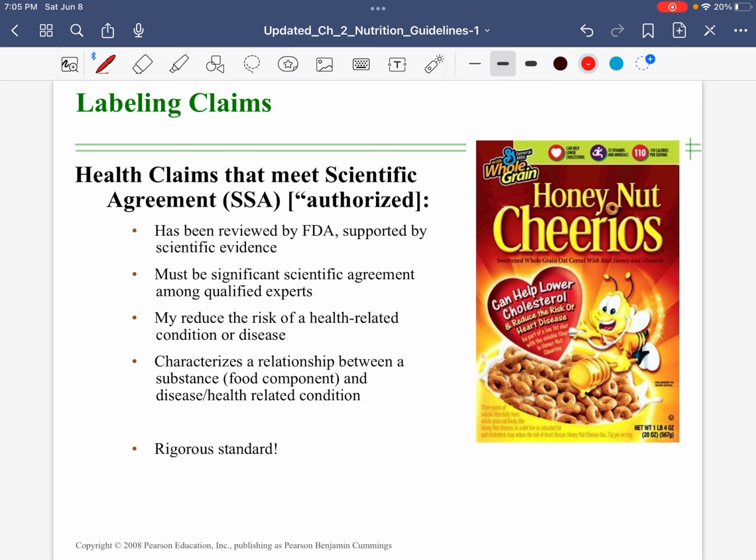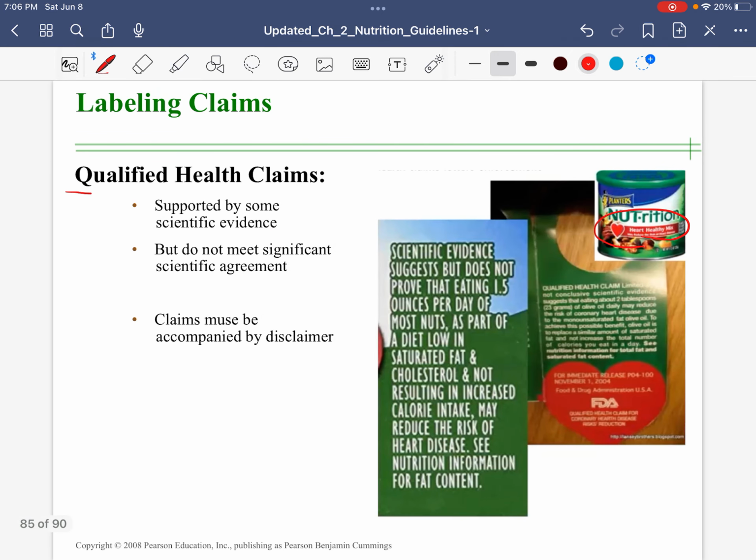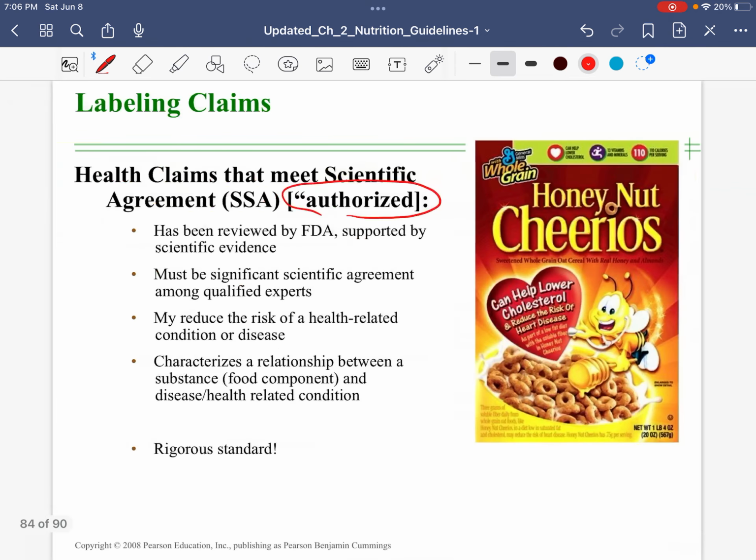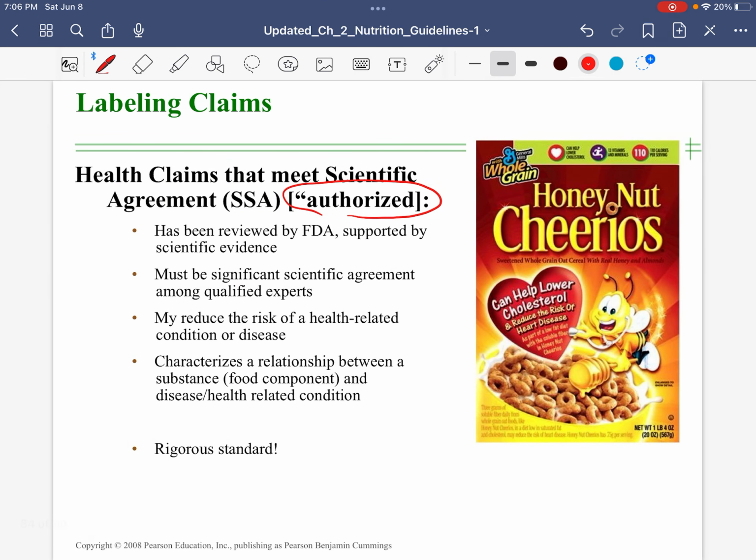There's two different types of health claims. Typically, the word that they use is authorized, an authorized health claim, versus a qualified health claim. These are both health claims. Authorized versus qualified. Authorized is better.